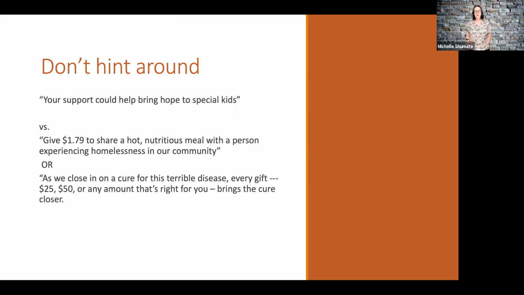You could instead say something like, give $1.79 to share a hot, nutritious meal with a person experiencing homelessness in our community? That's much more specific, and it gives the person an idea about how much their donation would translate into a meal, and they can think about not only giving $1.79, but a multiple of that, depending on the amount of impact that they can make.